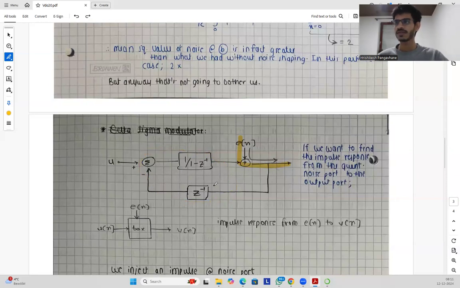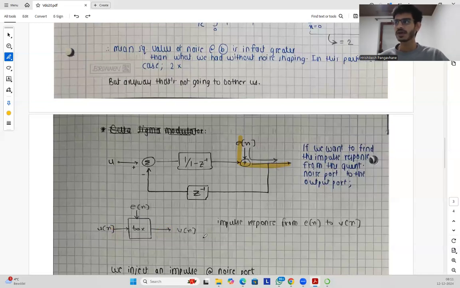Say we have been given a box, and we are told this is the converter. Then you have two input ports, U of n for the signal and one for the noise, and you have one port for the output.